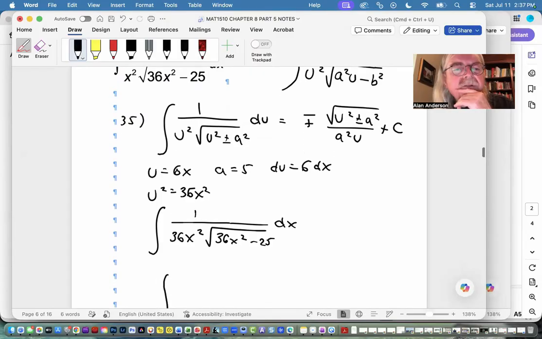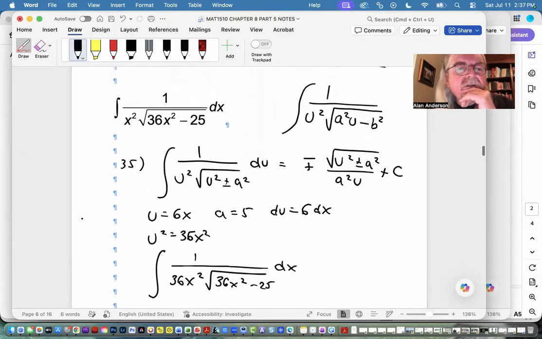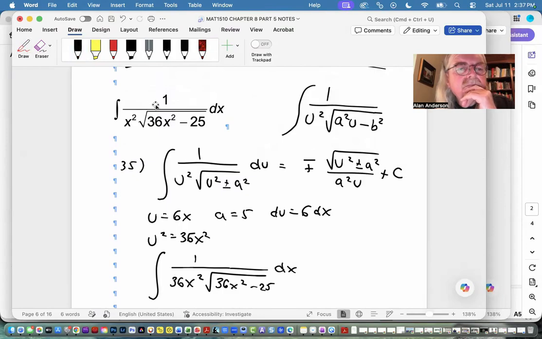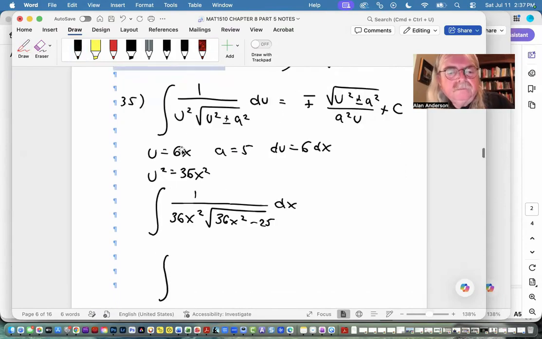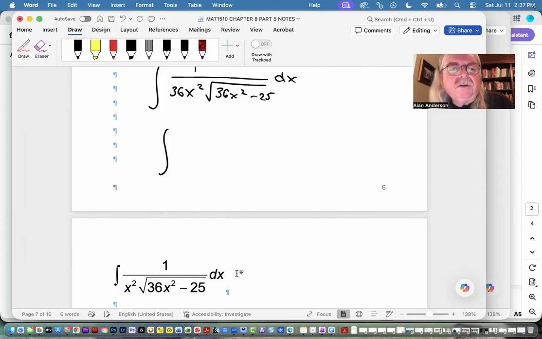So what we're going to have to do is rewrite it slightly. The original expression, we need to supply the 36.